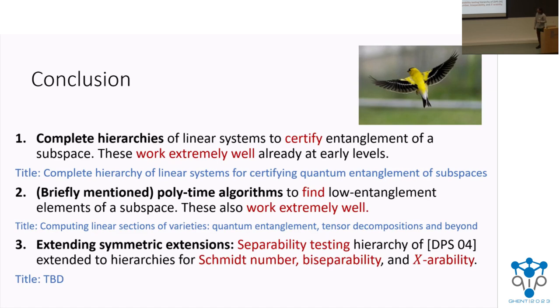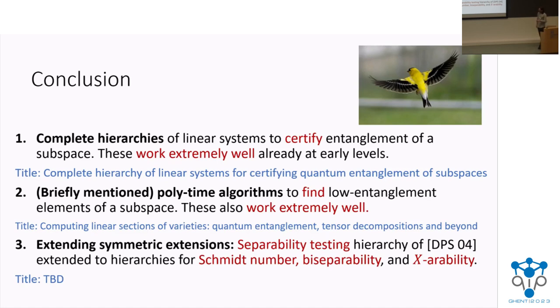And then I briefly mentioned corresponding polynomial time algorithms for finding low entanglement elements of a subspace, which also work extremely well in a similar sense. And these two results are spread over these two papers you can find on the archive.